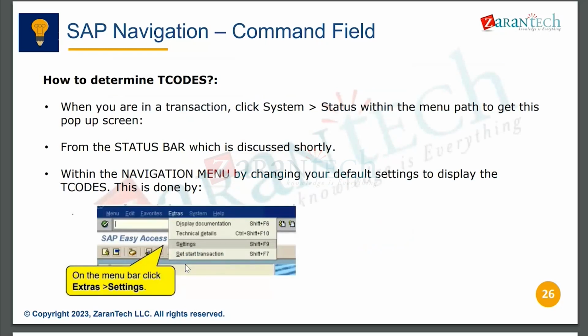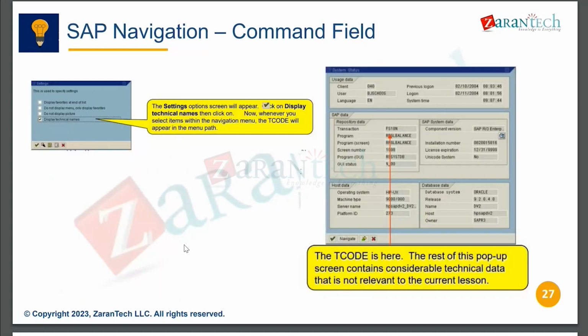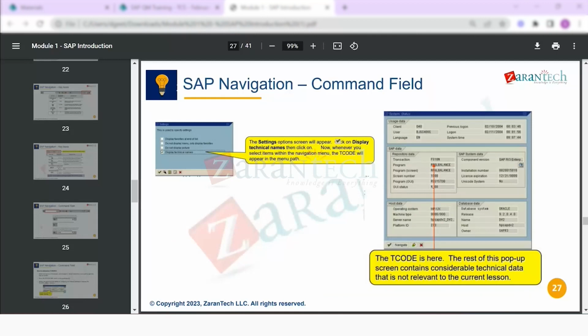Okay, whenever you log in for the first time, you cannot see the transaction codes, only the text. In that case, you need to go to Extras, click on Settings, then activate Display Transaction Codes by checking the box here. Then you can see the transaction code for your session.